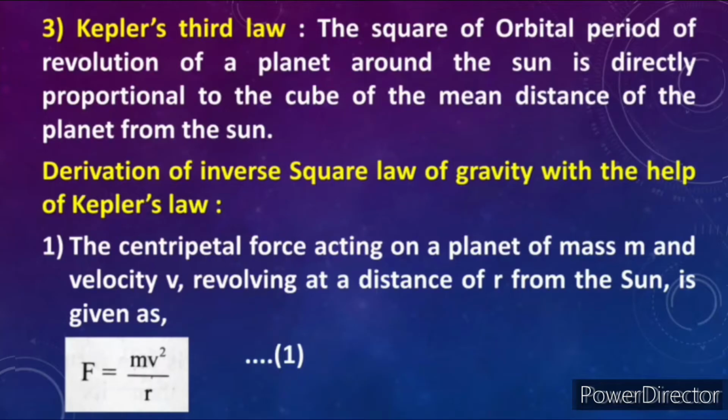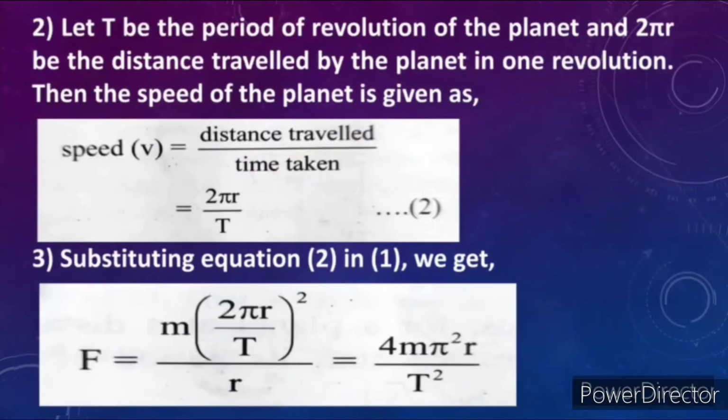Derivation of inverse square law of gravity with the help of Kepler's third law. 1. The centripetal force acting on a planet of mass m and velocity v revolving at a distance of r from the sun is given as F = mv²/r. Equation 1. 2. Let T be the period of revolution of the planet and 2πr be the distance travelled by the planet in one revolution.